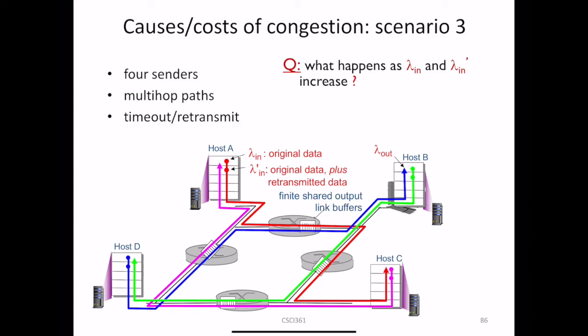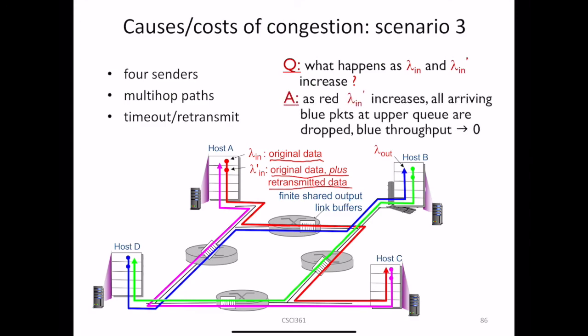So here, let's see a question. What happens as lambda in, which is the original data, and lambda in prime, which is the original data plus the retransmitted data, increase? Then let's see the result.